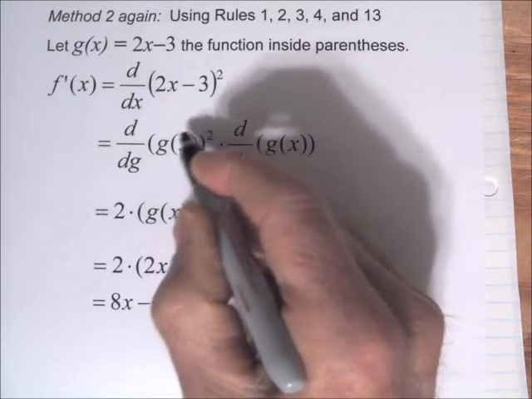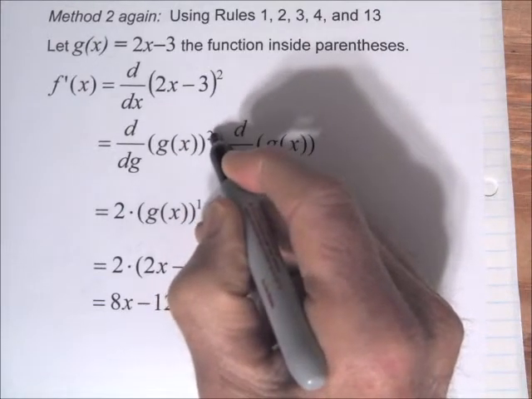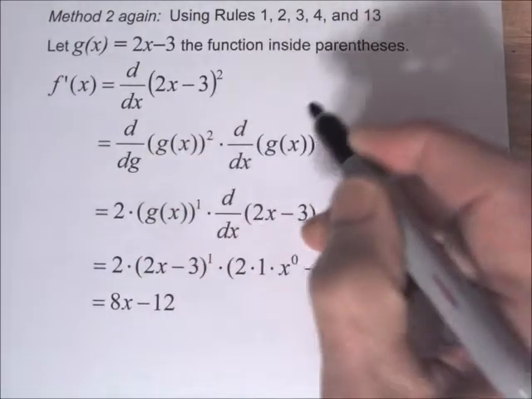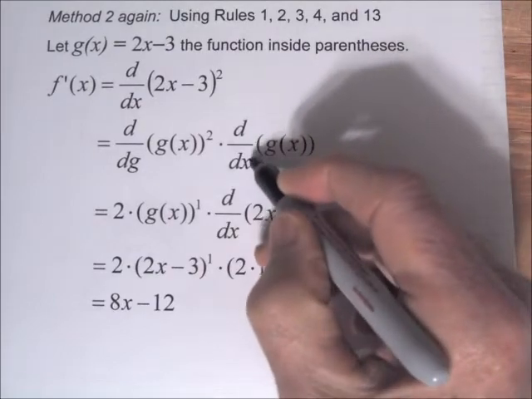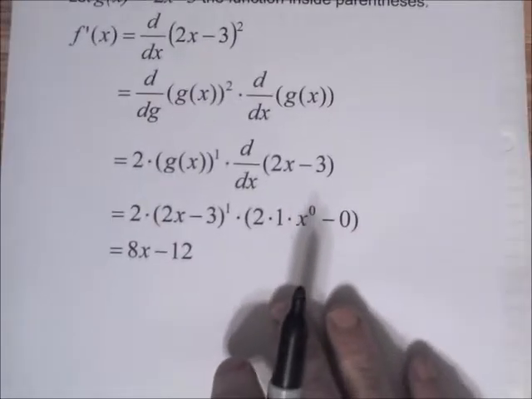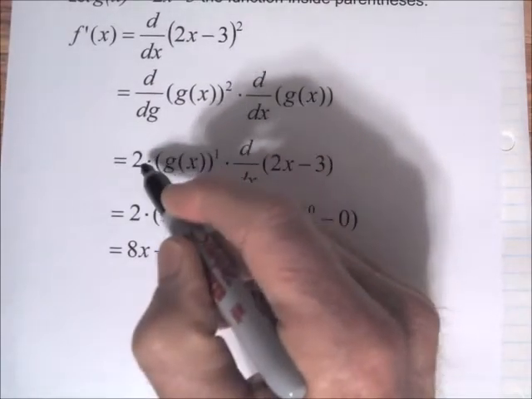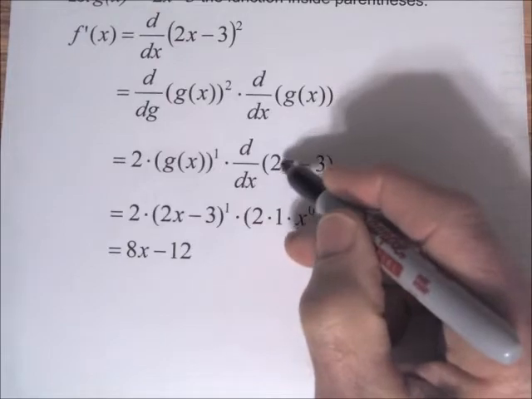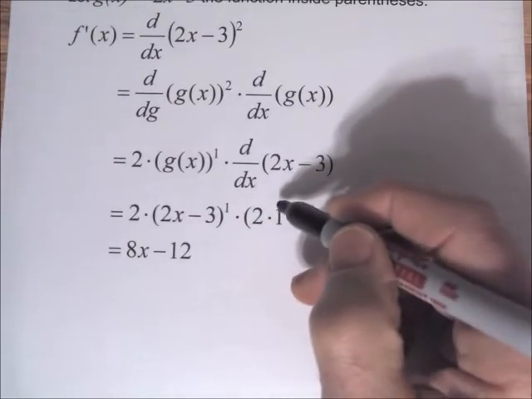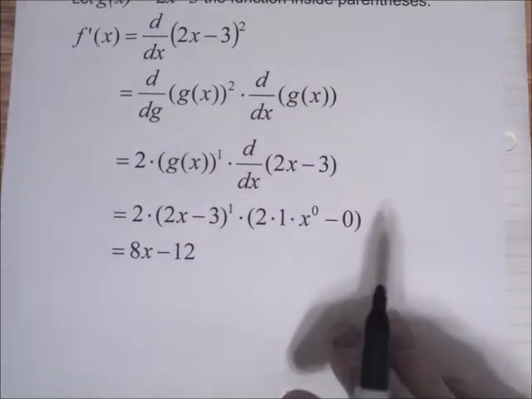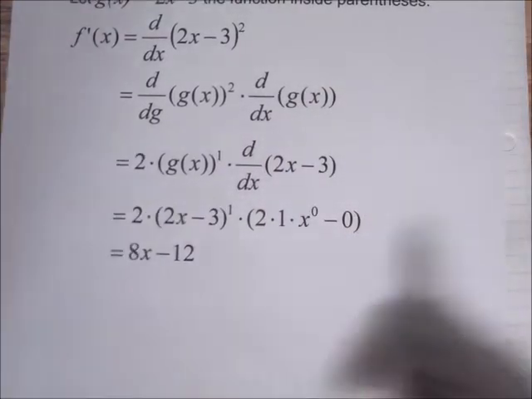We have the inside function to the second power, and take that with respect to the inside function, and then times the derivative with respect to x of g of x. So here we use the power rule. It's 2 times g of x to the first power, and this part is the derivative of g of x, which is 2, and we end up with 2 times the quantity 2x minus 3 times 2, 8x minus 12.